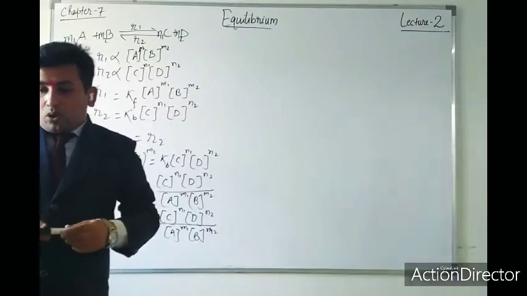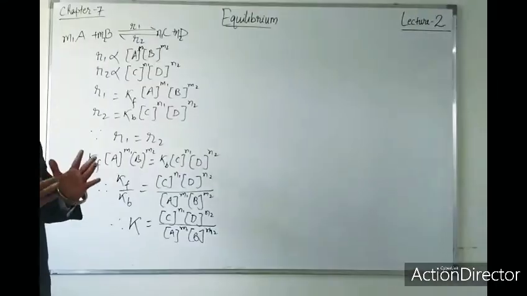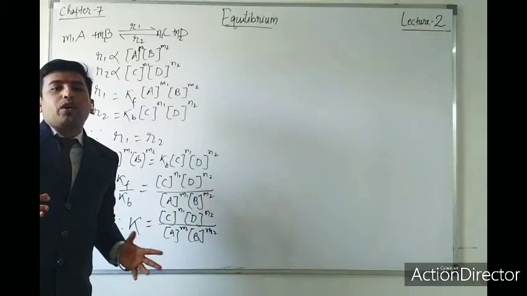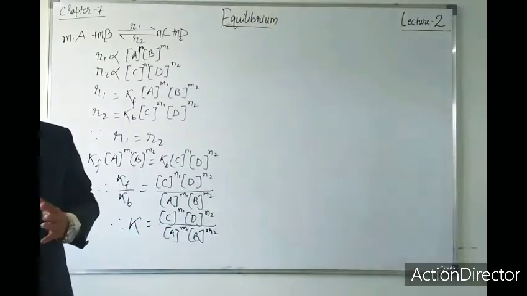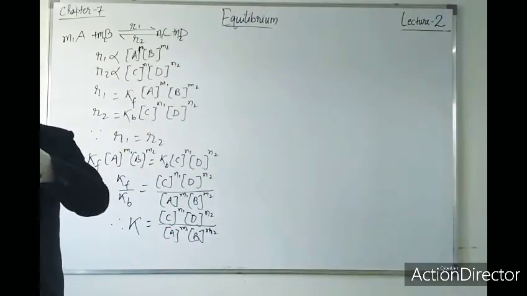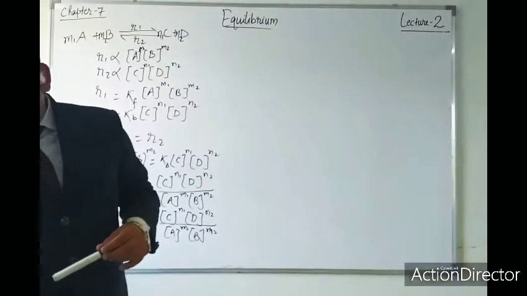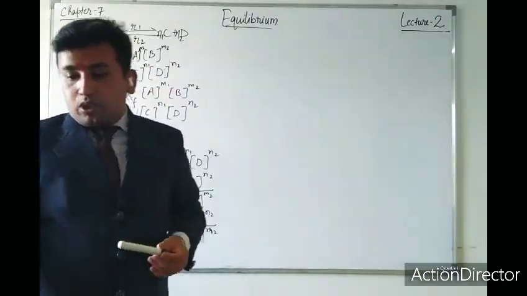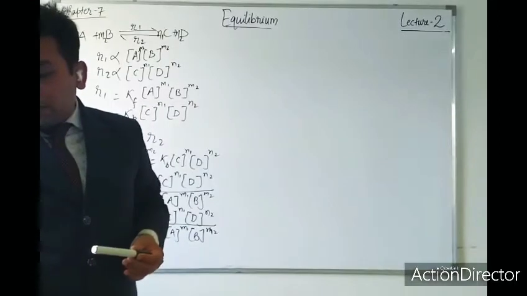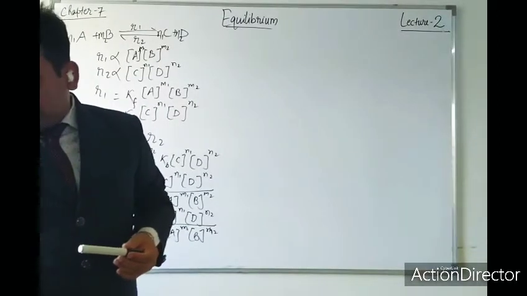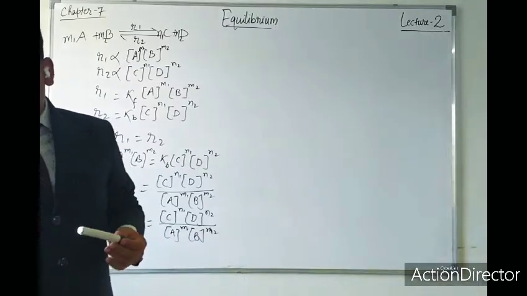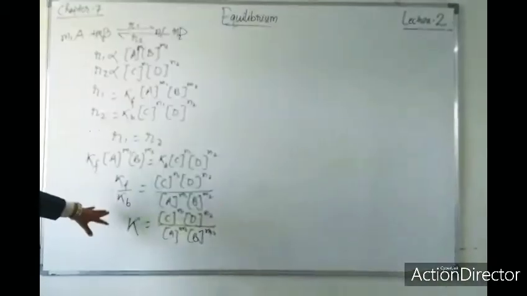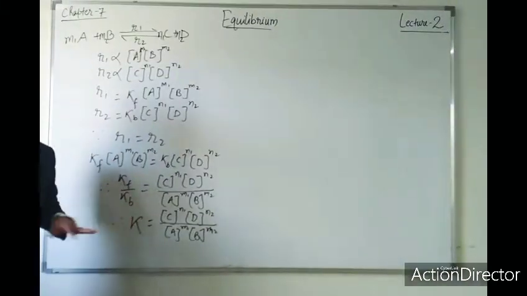The equilibrium constant can be of two types: one for concentration and another for partial pressure. You may ask me, sir, why are we adding this partial pressure? Because what we studied in the previous lecture is the reaction constant, which is just a ratio of the forward and backward reaction.